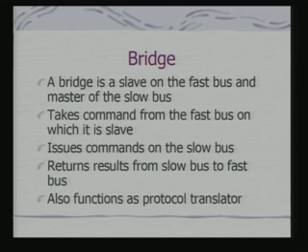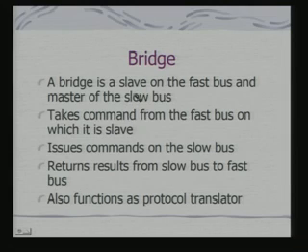What is really a bridge? A bridge is a slave on the first bus and master of the slow bus, because the bridge is actually sitting on both the buses. And if I look at a typical master slave configuration, then your CPU will be the master for the faster bus and the bridge will be slave over there.